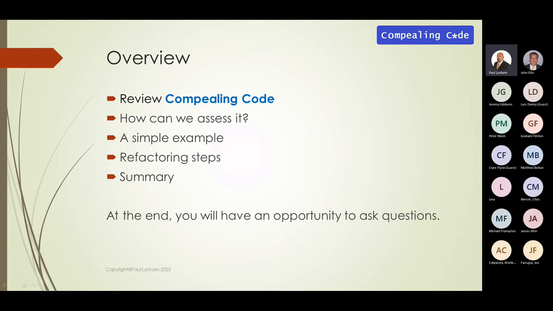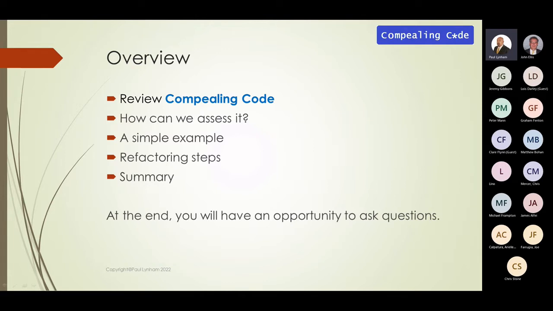Then we'll look at how we can assess code against compealing code. We'll go through a very simple example, and then I'll go through the refactoring steps that is used in the example, and then we'll just summarize, and after that you'll have an opportunity to ask questions.